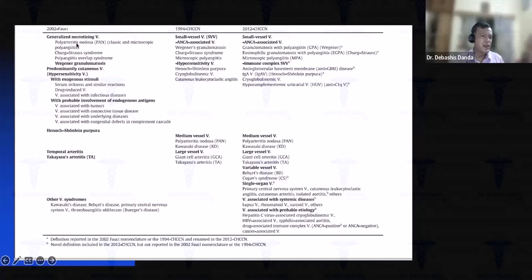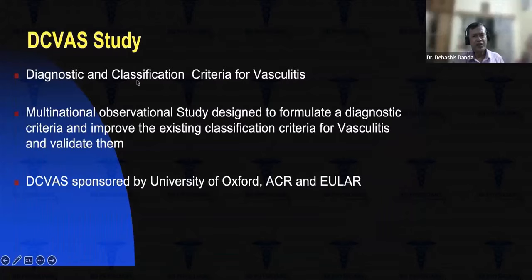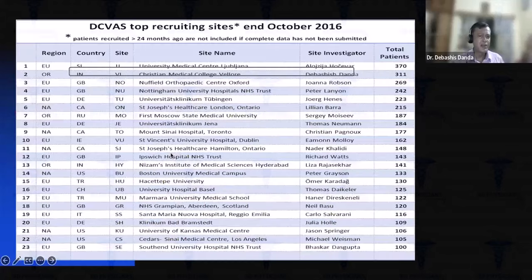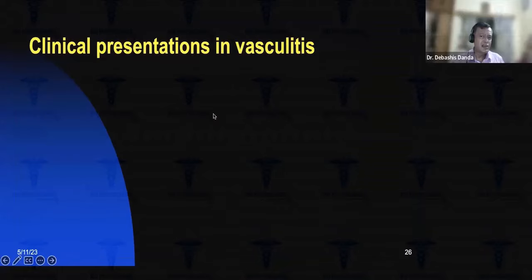In between, there was Anthony Fauci's classification also, which is somewhat similar to the 1994 classification. Then the DCVAS classification work started from Oxford, which eventually merged with ACR and EULAR, and the new classification came last year. I was one of the largest contributors in the DCVAS study.